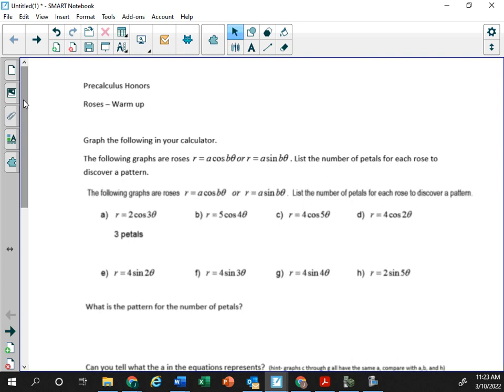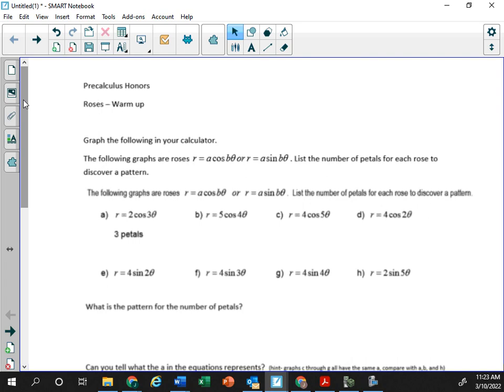I do want you to graph these on your calculator, so if you forgot your calculator or just don't have it with you right now, partner up with someone who does so that you can look at this together. And I will give you a quick calculator lesson on how to graph polars on your calculator.